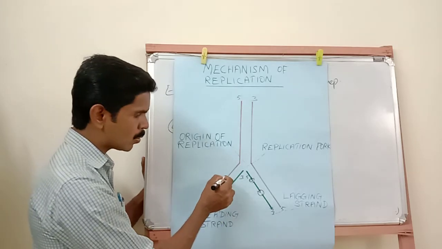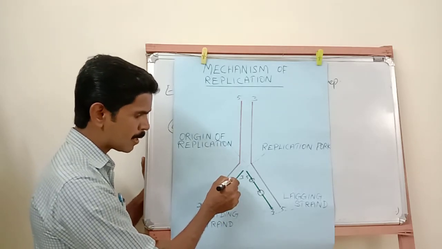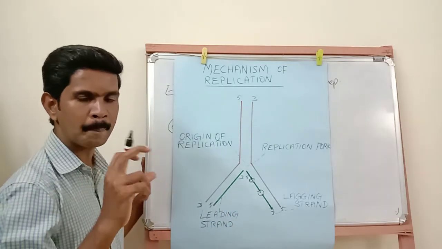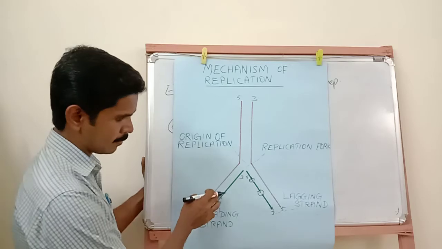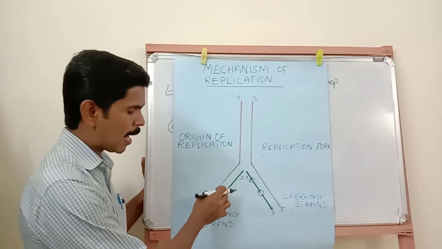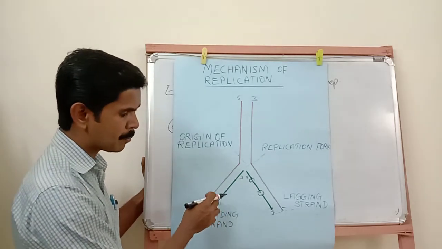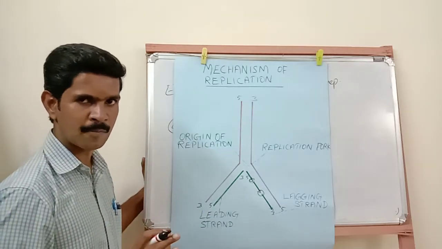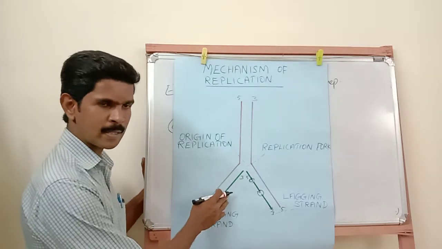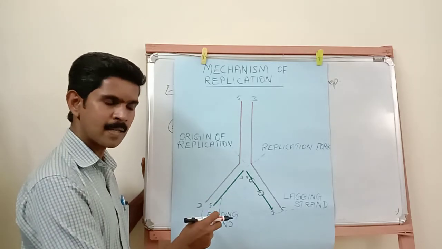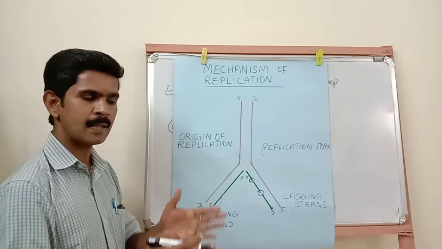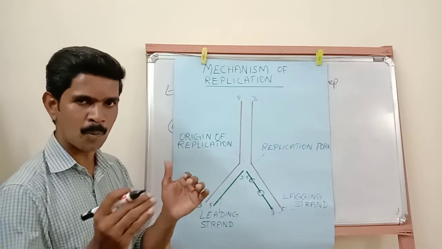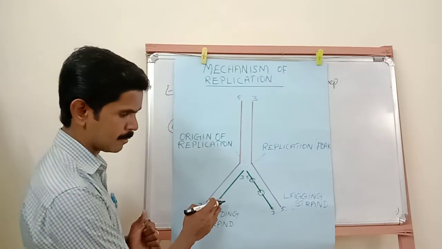So the nucleotides in the template strand and the nucleotides in the newly synthesized strand are both connected. This function is performed by an enzyme called DNA polymerase. With the help of the DNA polymerase enzyme, the nucleotides of the template strand and the newly synthesized strands are joined.